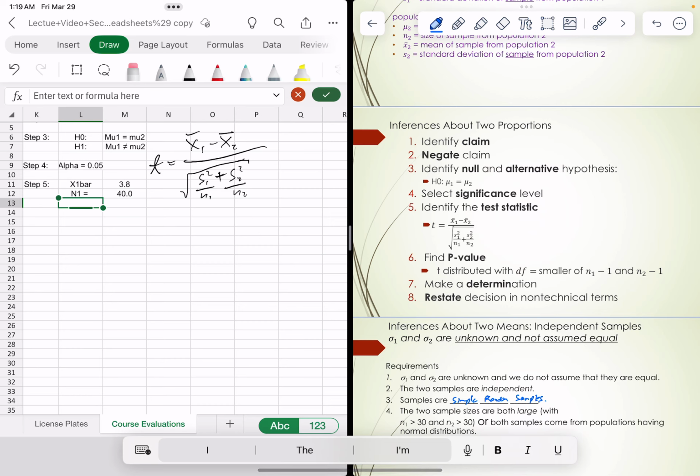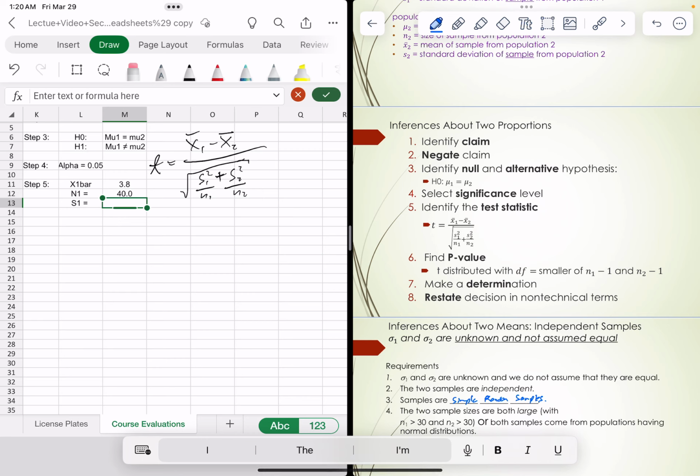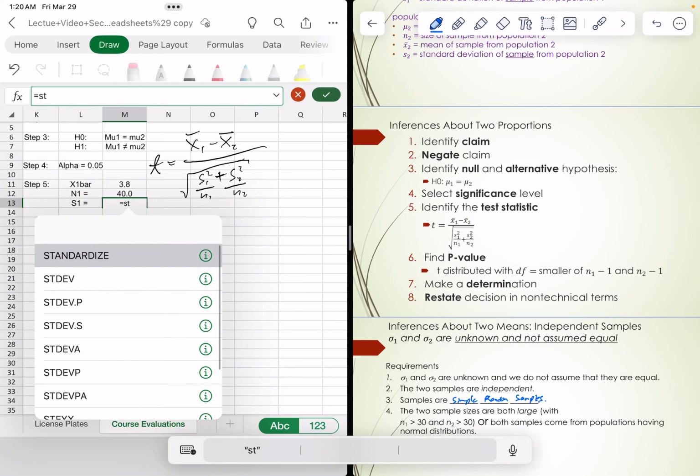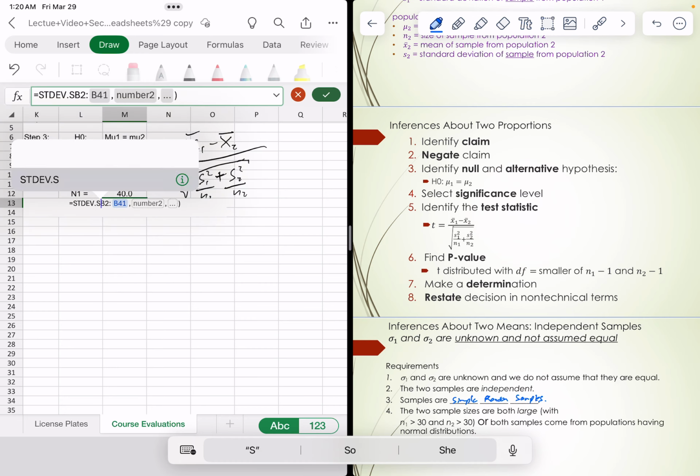Great. And now I need s1, which is going to equal st dev s, because it is a sample. Then I'm going to paste that with Control V.